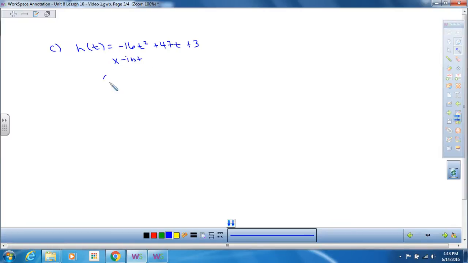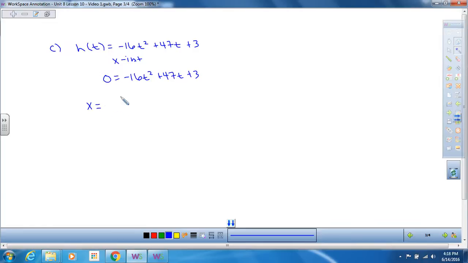So that means I want to know when y is 0. To solve a quadratic like this, it's in standard form. You could factor it, or if it factors, you could complete the square. But I think the easiest thing in this case is just to use the quadratic formula, because it seems kind of hard to factor, and I'm not even sure that it would. So that's why we're safe using the quadratic formula.